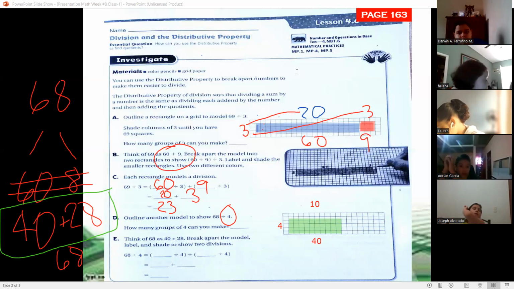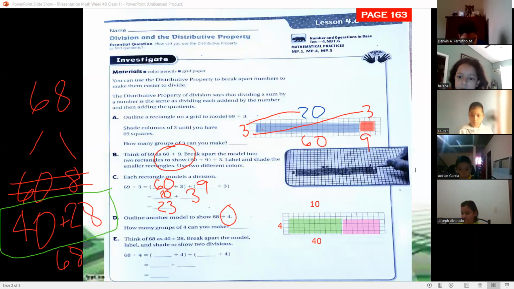The multiplication of 4 can be 7. So it means 4 rows of 7. So here we go, 3, 4, 5, 6, 7.